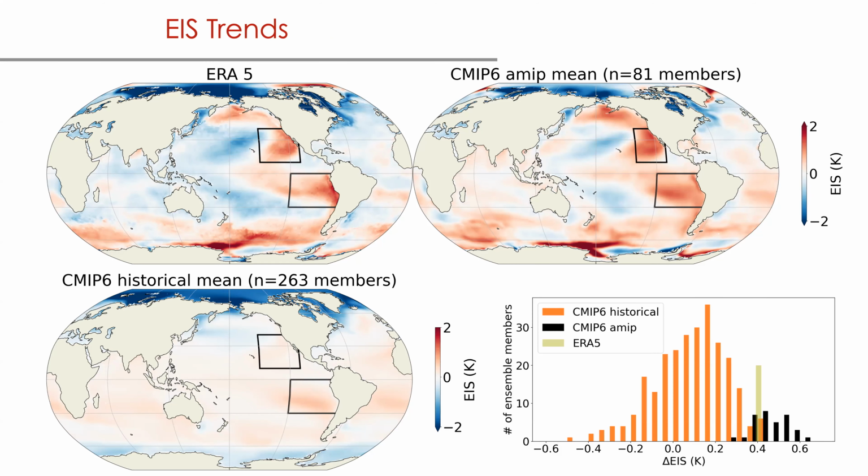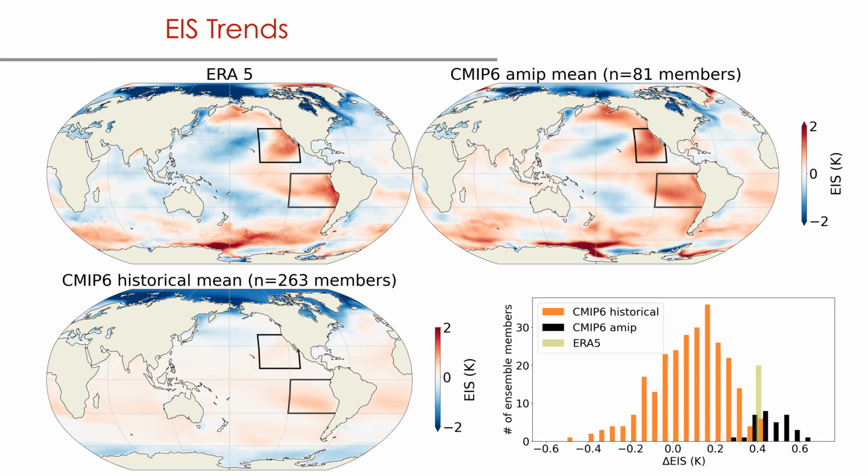The other metric of atmospheric response is inversion strength. So if we look now at trends in EIS, again in reanalysis, in AMIP models, which match reanalysis because they're forced with the right SST pattern, and in coupled models, and we focus on the average EIS trends over the stratocumulus regions, we find a similar story.